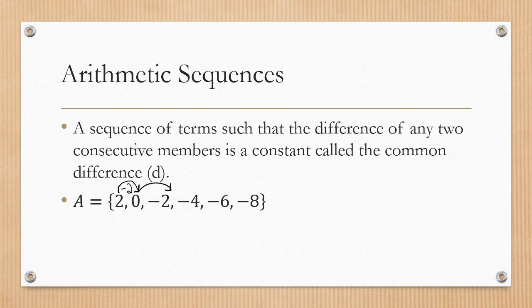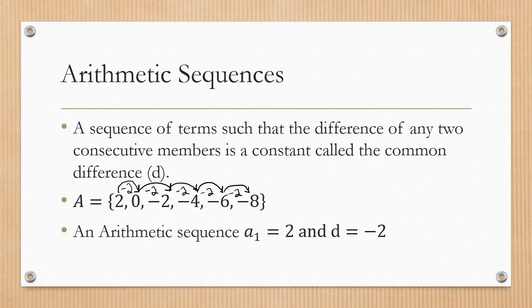And by subtracting 2 from the term, you get to the next term. So in this case, the common difference is -2. In this example, the first term is 2, and the common difference is -2. That's why this sequence is an arithmetic sequence.